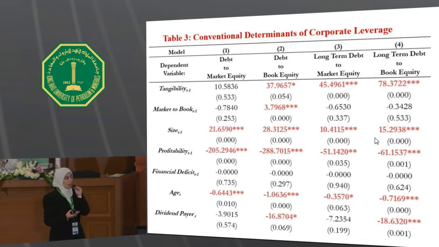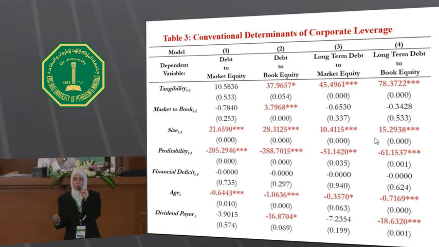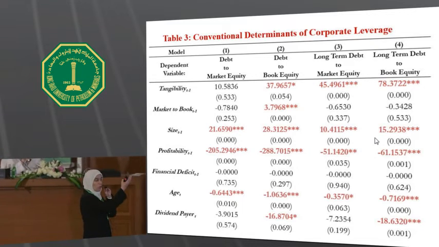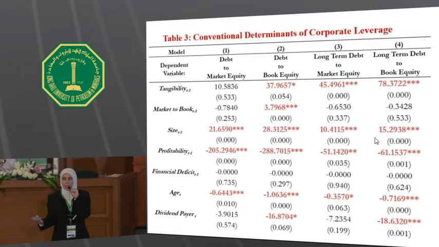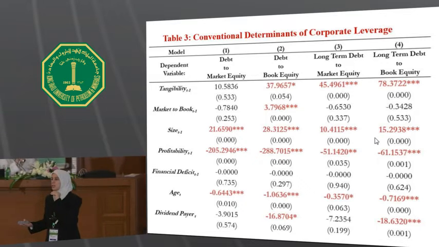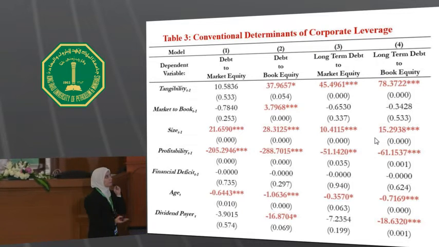But once it's significant using the debt-to-book equity, it was significant positive, which is consistent with the pecking order theory, and this is actually what all the other results are consistent with, which is what we expect in GCC firms since they are all operating tax-free countries.